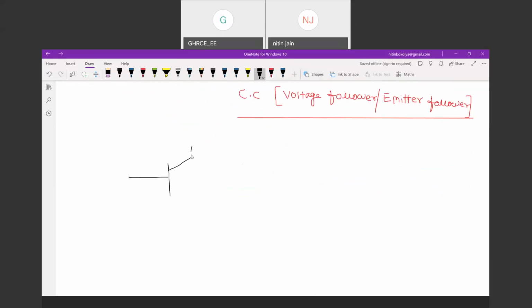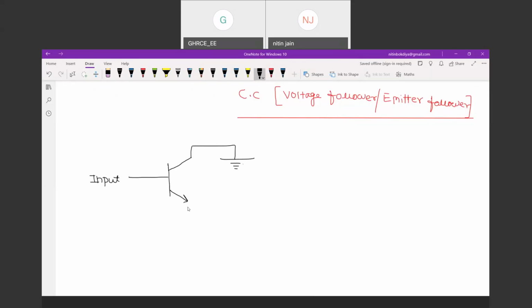This is our collector terminal, and collector terminal is connected to ground. Input is supplied at base terminal and output is taken across, है ना, जो भी कॉमन है उस टर्मिनल को आप ग्राउंड कर दे, एसी ग्राउंड.